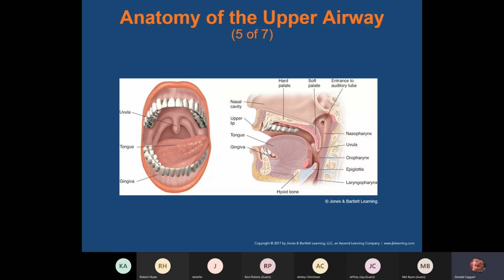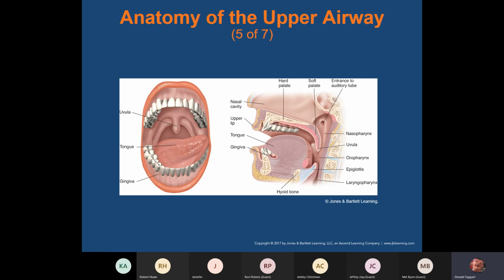Some people, you see a great view like that, if not even the top of the vocal cords. Other people, due to a small mouth, big tongue, whatnot, you can barely see the roof of their mouth. And those people are difficult to get airways on, to intubate, things like that. But not everyone has a view like that.